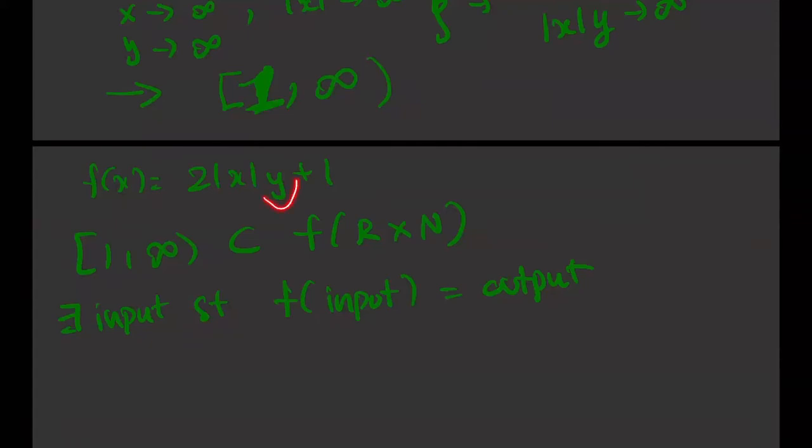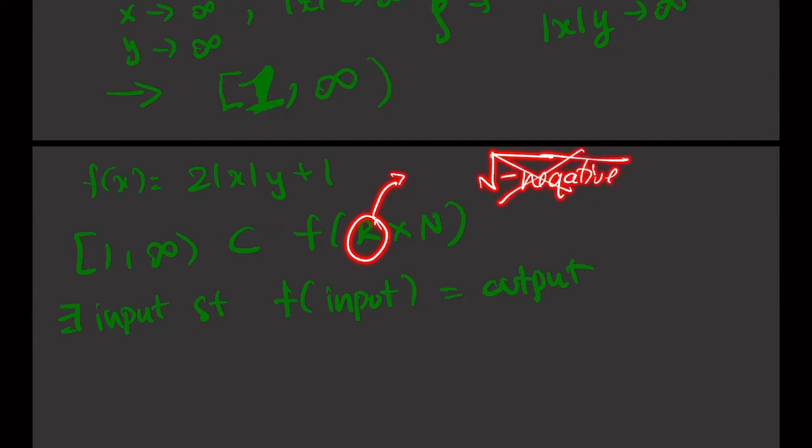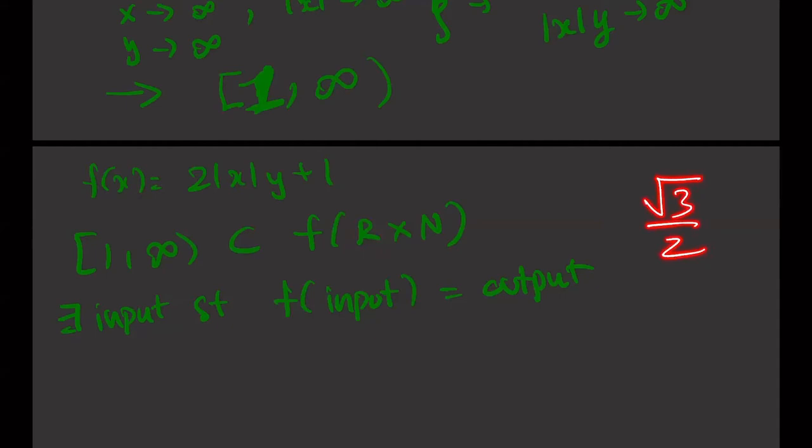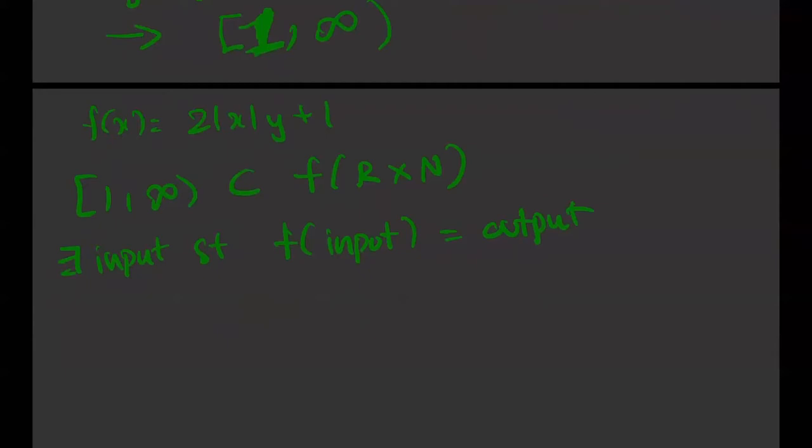And I would choose to fix y here. Why? Because y is a natural number. Not every expression that you get will give you a natural number. However, for a real number, whatever expression you get, as long as it is not like square root of a negative number, everything will be a real number, like square root 3 over 2, square root 3 over square root 2. Everything is a real number. So that's why I choose to fix y.